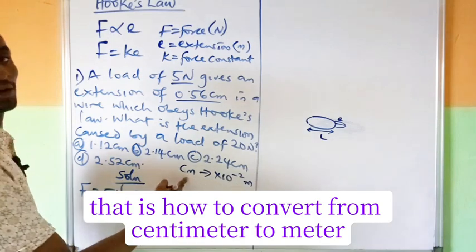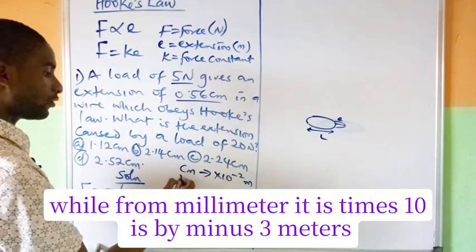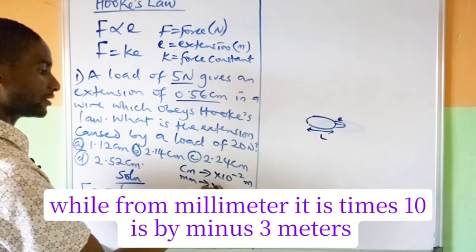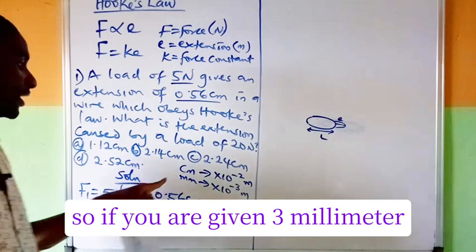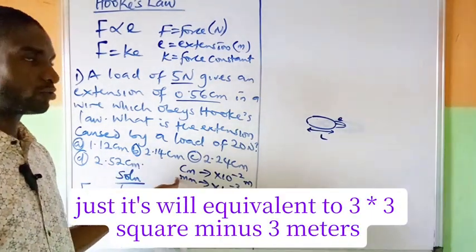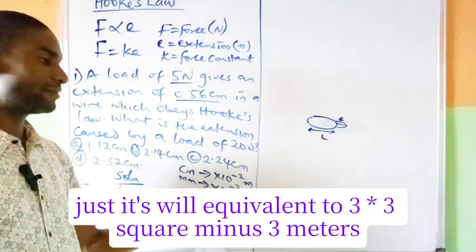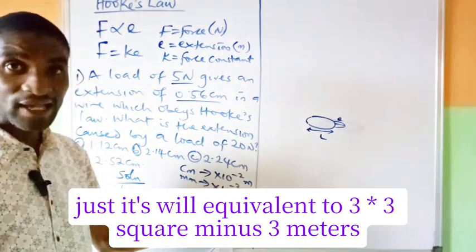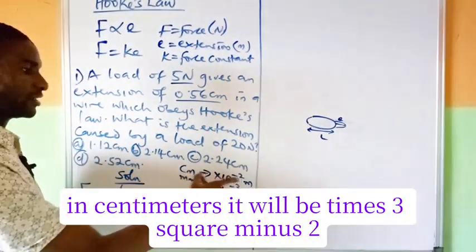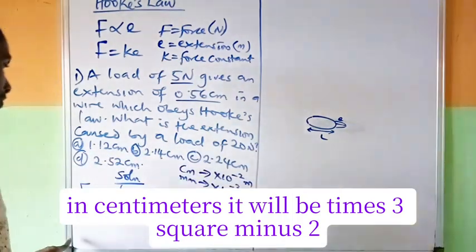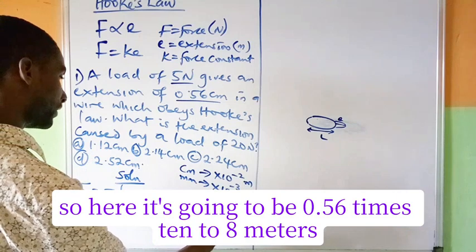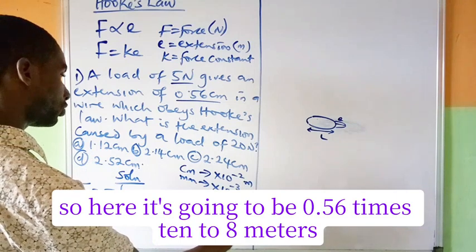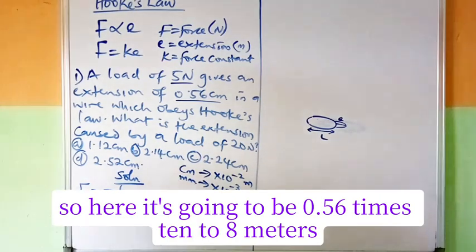From millimeters, it is times 10 raised to power minus 3 meters. So 3 millimeters is 3 times 10 raised to power minus 3 meters. Here, it's going to be 0.56 times 10 raised to power minus 2 in meters.